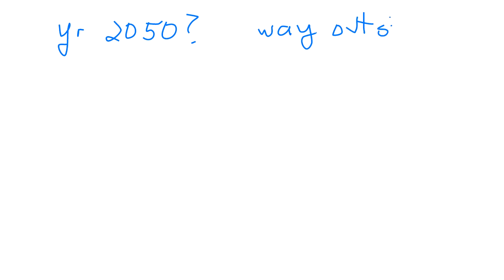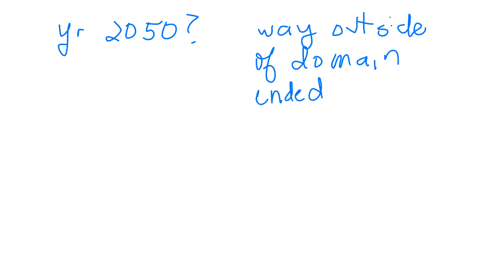Okay, and then the next question is, what about the year 2050? That is way outside of our domain because our table ended at 1992. So that's too far to predict.